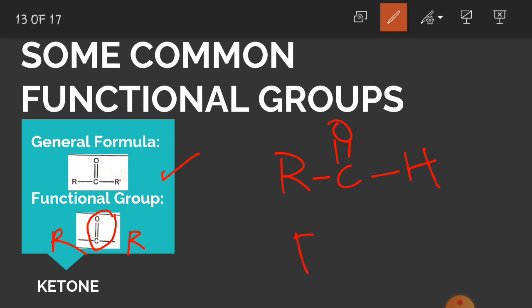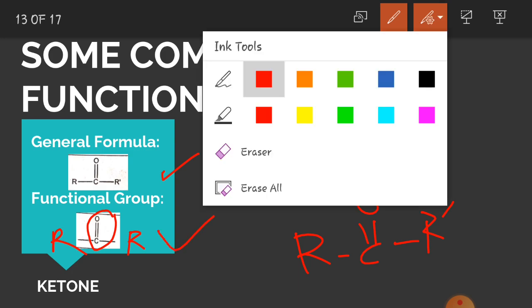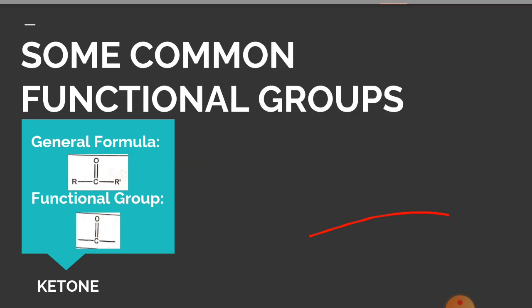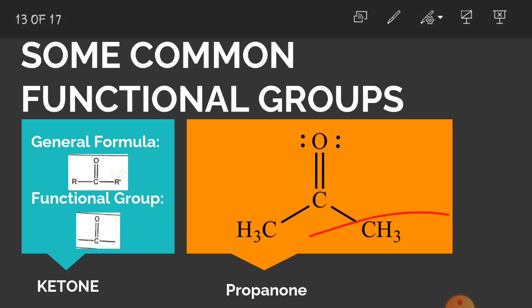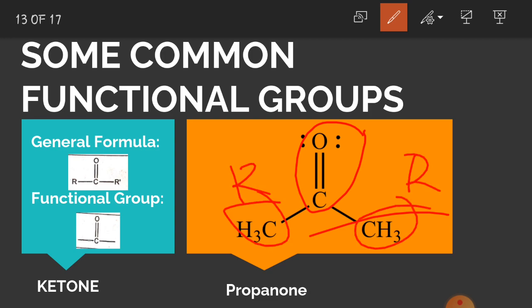However, in ketones, on both sides of the carbonyl carbon, 2 alkyl groups are attached. An example of ketone is propanone. Now you may see here that a carbonyl group is present in the center and the 2 alkyl groups are attached on both sides of the carbonyl carbon.